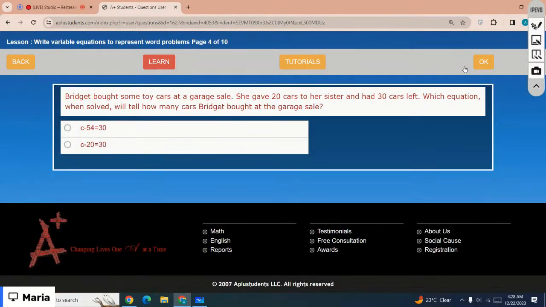Okay, Brigitte bought some toy cars at a garage sale. Now we don't know how many toy cars there are. She gave 20 cars to her sister and had 30 cars left. Which equation, when solved, will tell how many cars Brigitte bought at the garage sale? Which is the correct option?